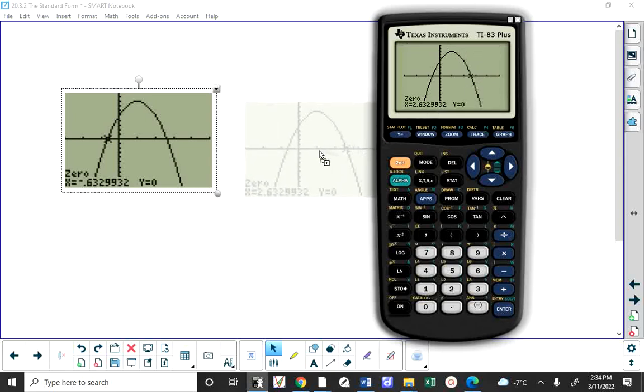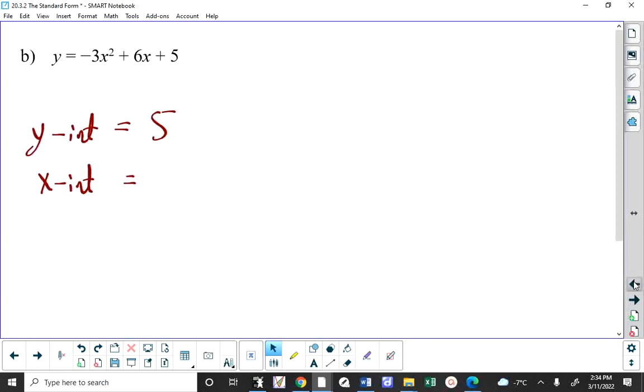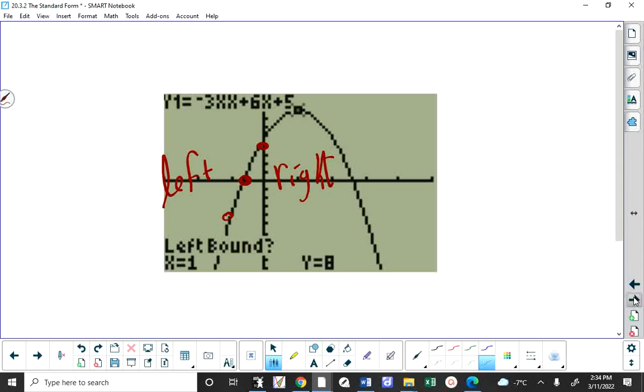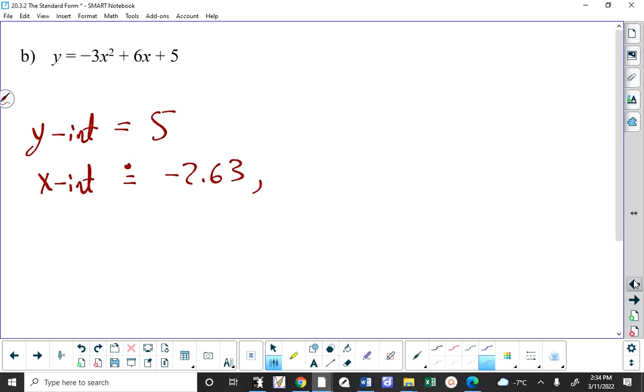The second x-intercept is about 2.63. So approximately negative 0.63. I got that backwards. Approximately 2.63 and negative 0.63. The little dot above the equal sign means approximately.